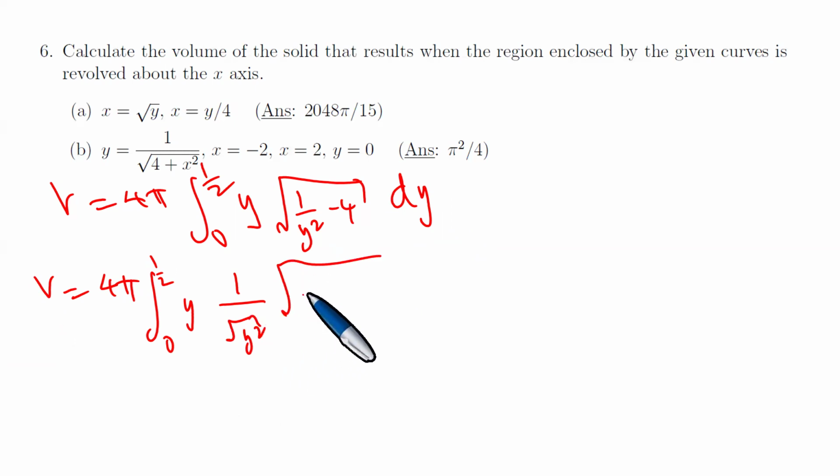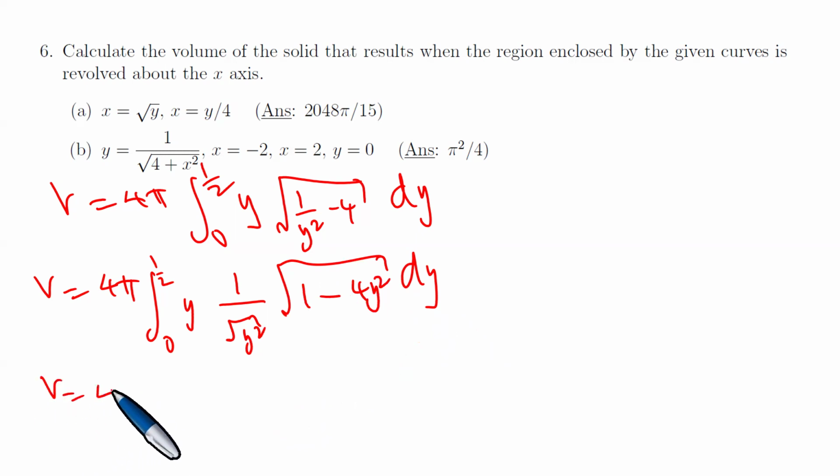But if you pull out the 1 over y squared here, you're left with 1, and then you have minus 4y squared. Okay, this is very similar to the arc length calculations. When you multiply by the 1 over y squared, this is going to be minus 4, and this is going to be 1 over y squared. Okay, each one has a square root, so you can just multiply the insides of this.